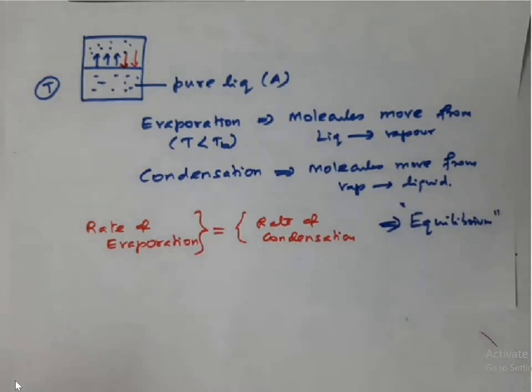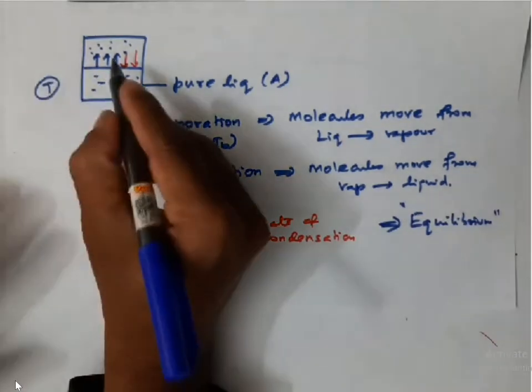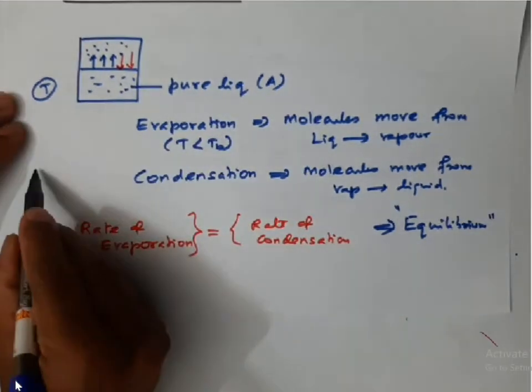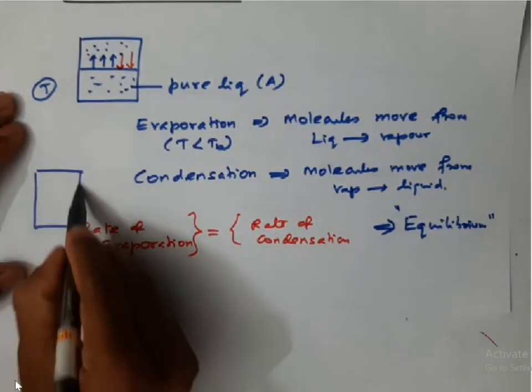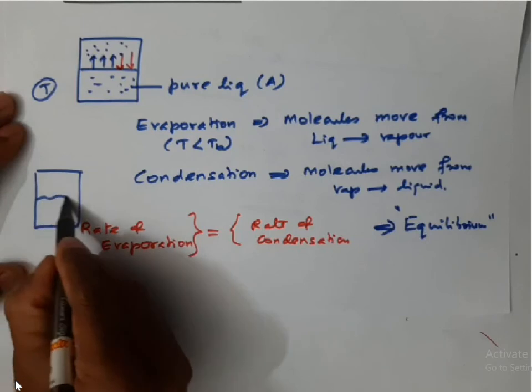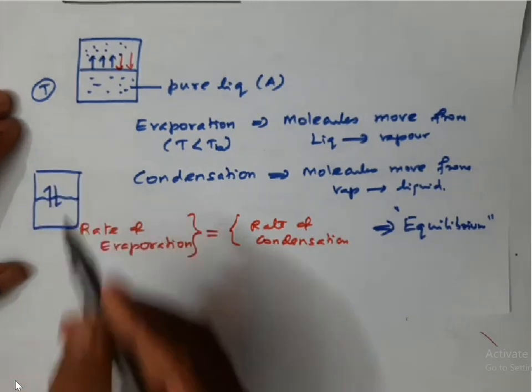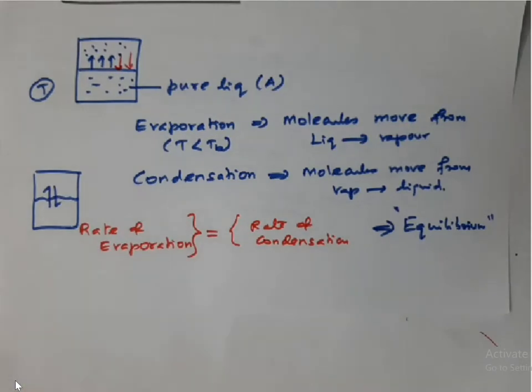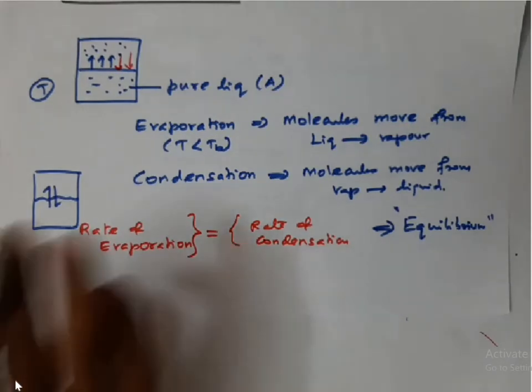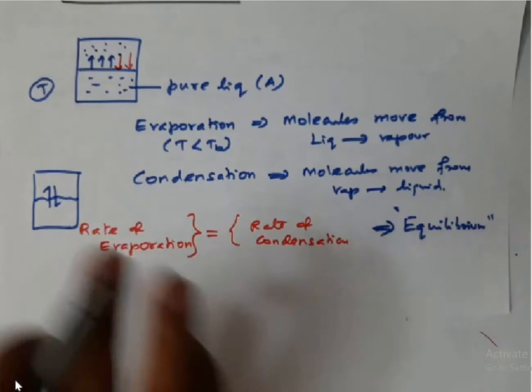At equilibrium, students, observe carefully. Let me draw again here, I'll show you what is meant by that. So we have some liquid. Now there is evaporation and there is condensation, right? Both the processes occur and they reach a stage called the equilibrium stage.